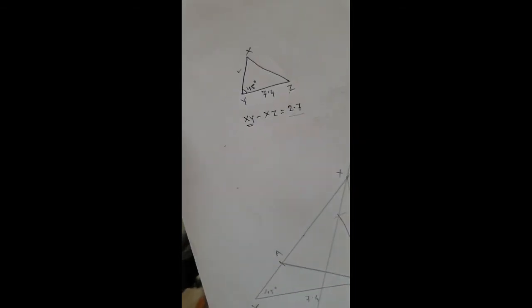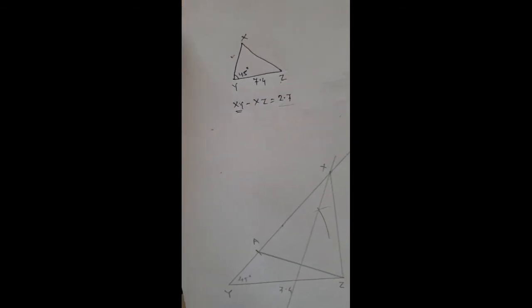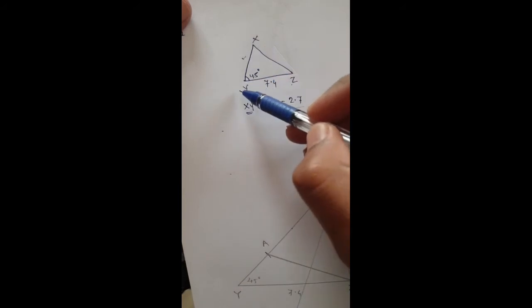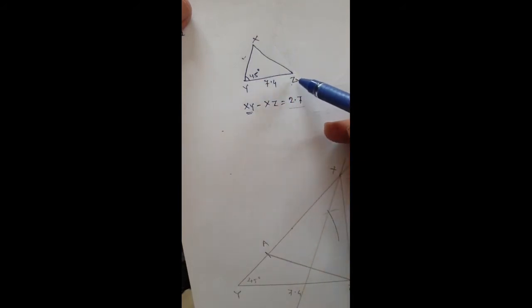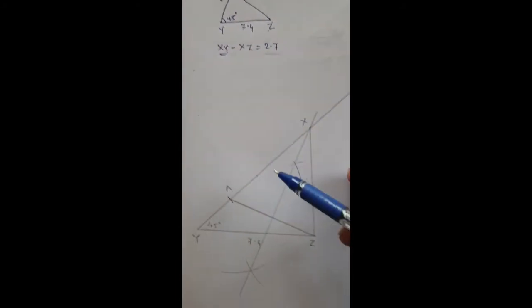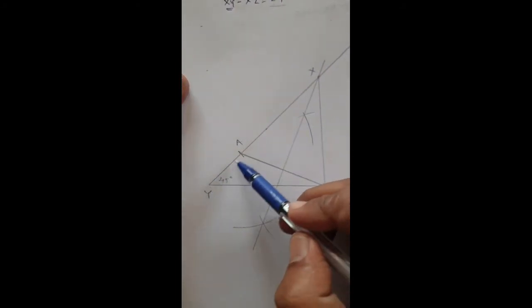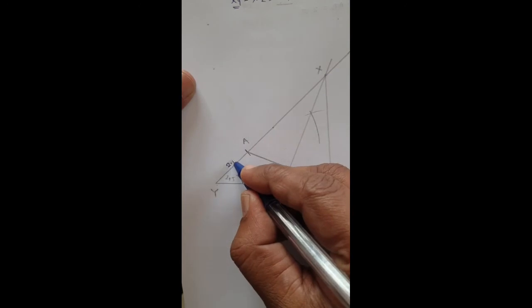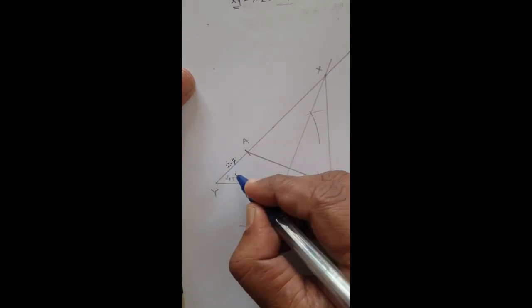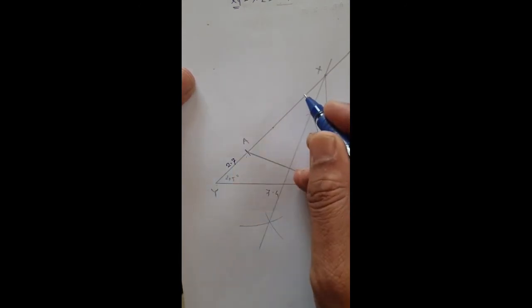So now, in the previous problem, if you have seen here, in this one, XY is greater than XZ, then what we have done, we have taken this difference which is 2.7 in the upward direction.